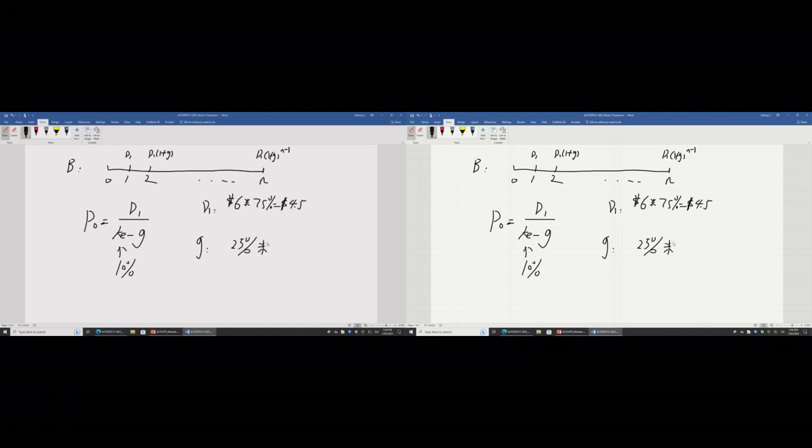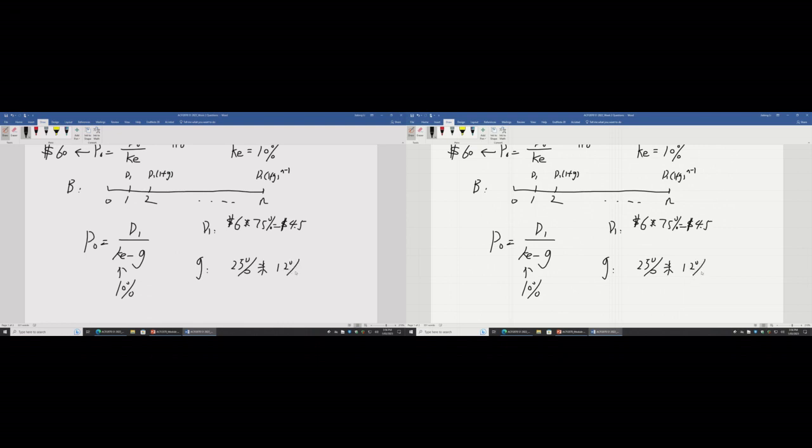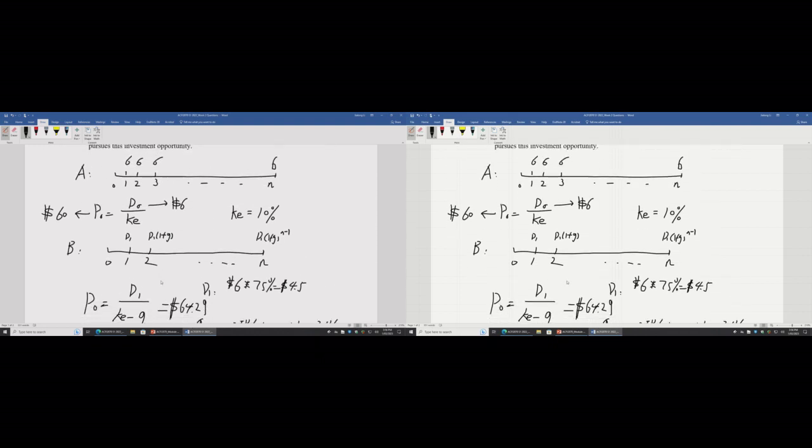And the return on new investment, that's 12%. And this will be 3%. Okay? And the price we get is 64.29.